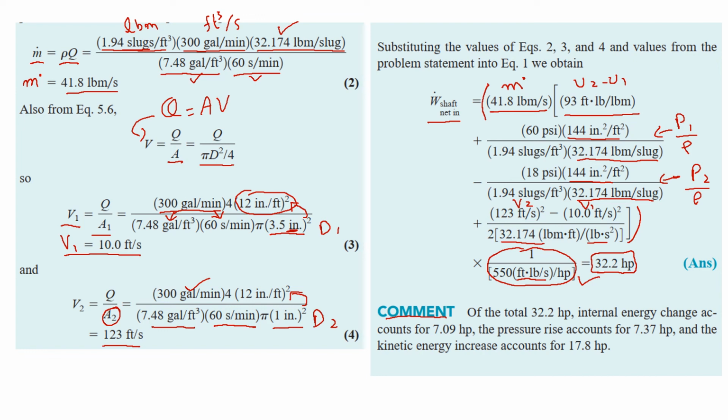If you see the comment section, there is a very interesting comment that of the total 32.2 horsepower, internal energy change accounts for 7.09 horsepower. The pressure rise accounts for 7.37 horsepower, and the kinetic energy increase accounts for 17.8 horsepower. So the beauty of this energy equation is that, of the total 32.2 horsepower, we can see how much is going to the rise in the internal energy, how much to the rise in the pressure, and how much to the rise in the kinetic energy.